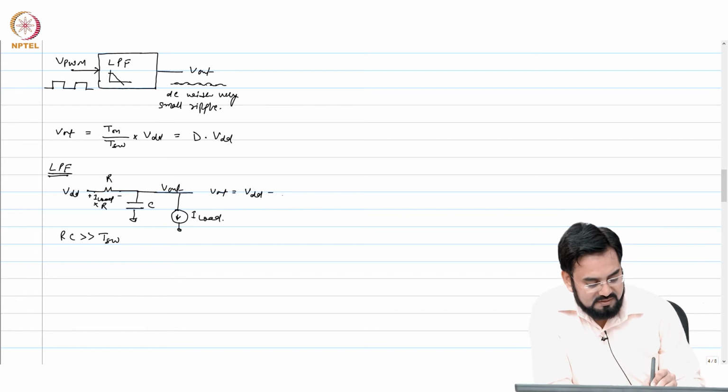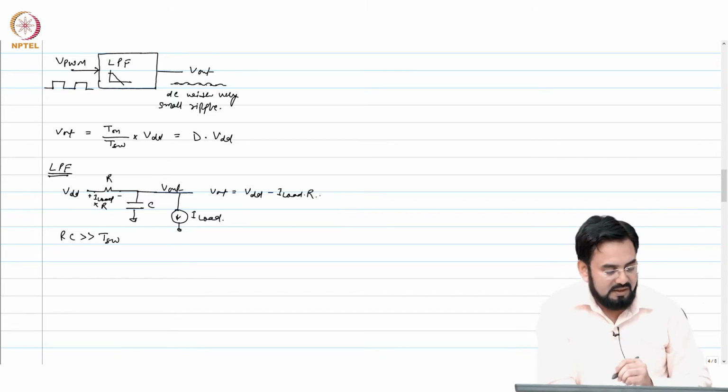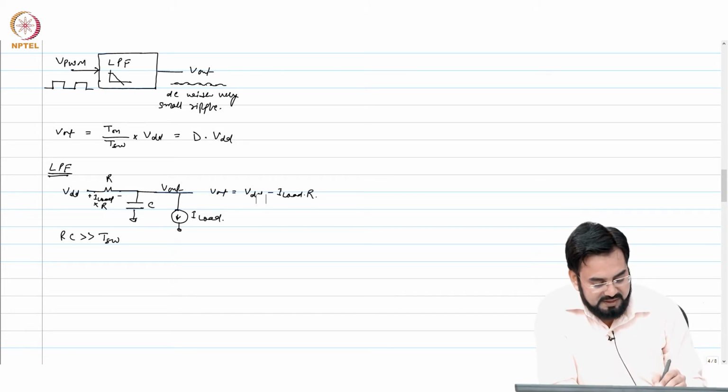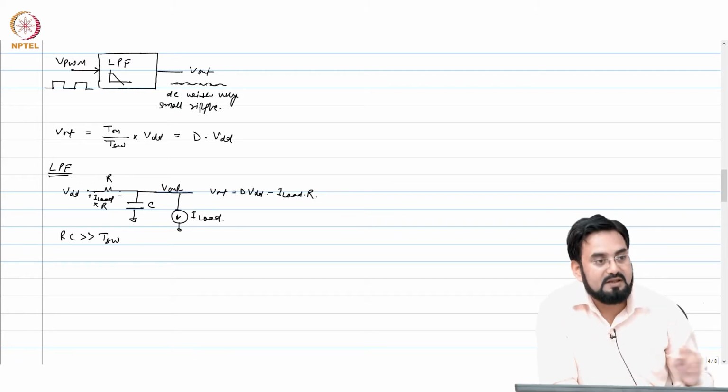VDD minus I load into R, and what else? D times basically, correct.